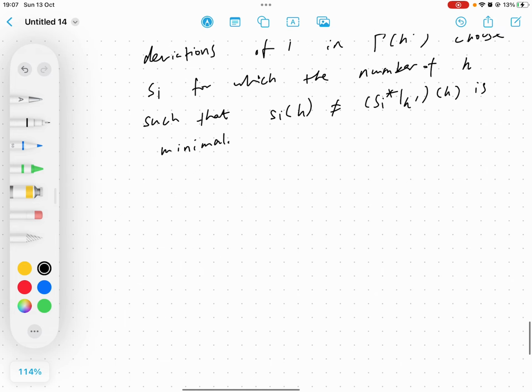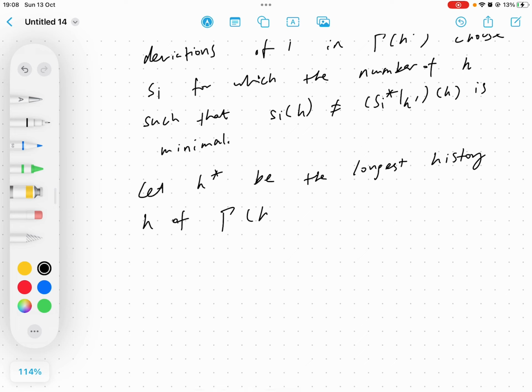Then we let h star be the longest history h of gamma h prime for which Si h is not equal to that.